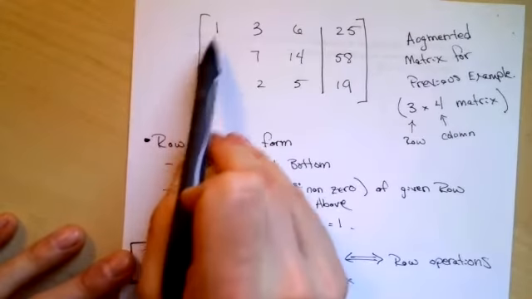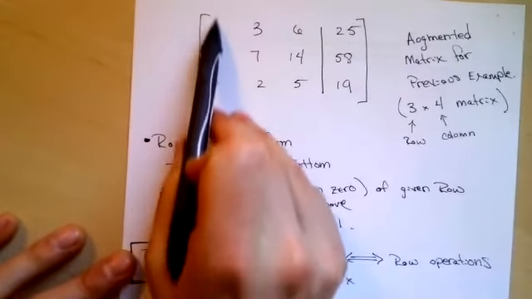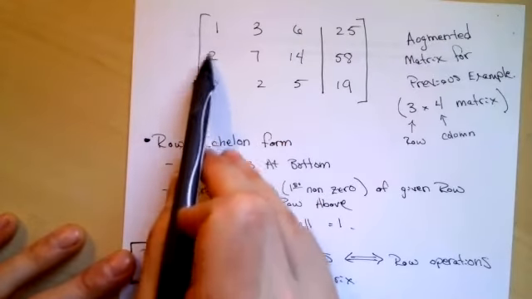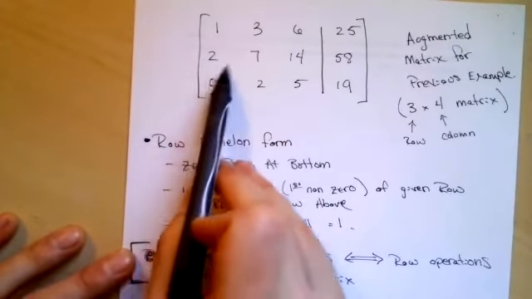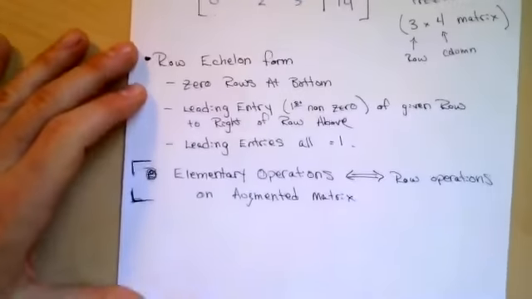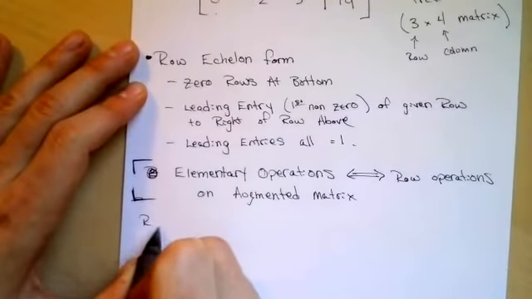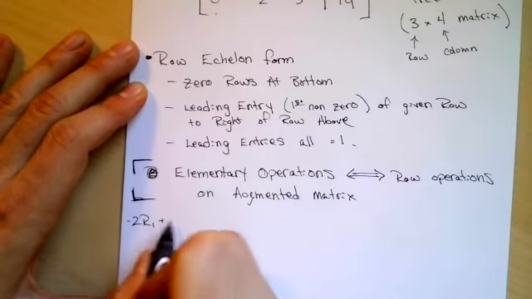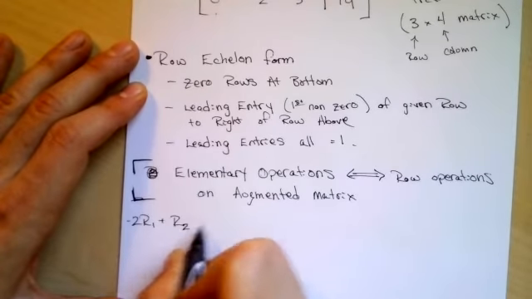So this row has a leading entry in the first column, which means all the rows below it have to have zeros in that column. So our first step to get rid of this 2 is what we performed. We did minus 2 times row 1 plus row 2.